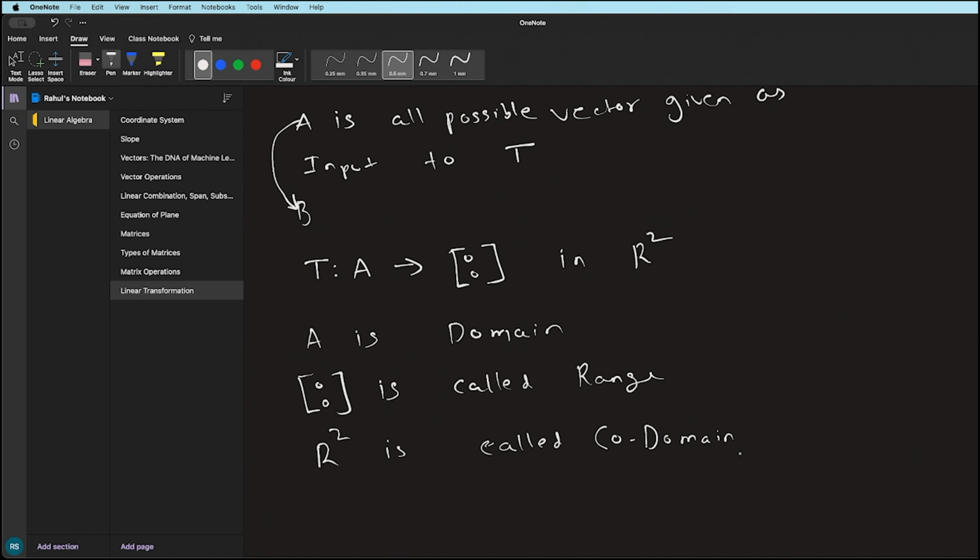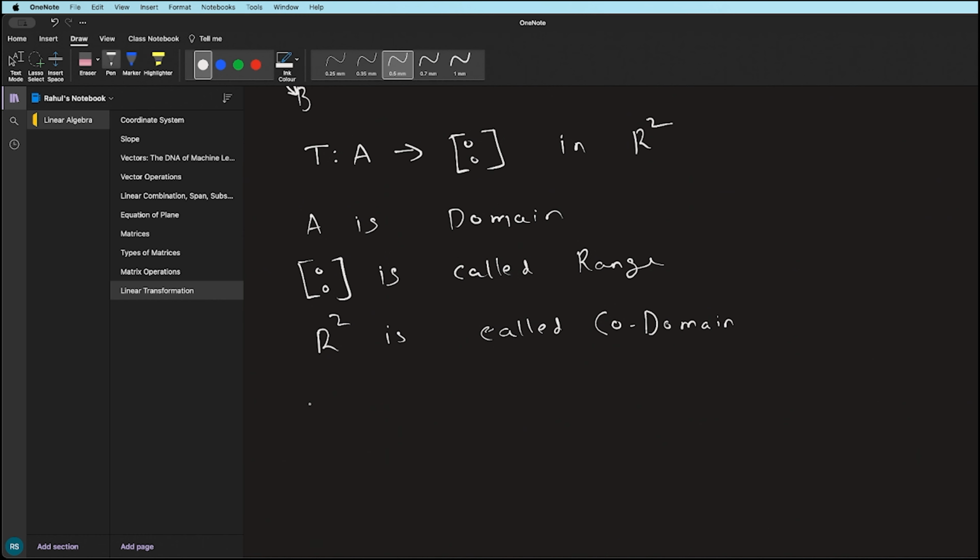So for example, if you want to understand better, suppose A is a set of numbers 1, 2, 3, 4, and B is a set of numbers 1, 2, 3, 4, 5, 6, 7.